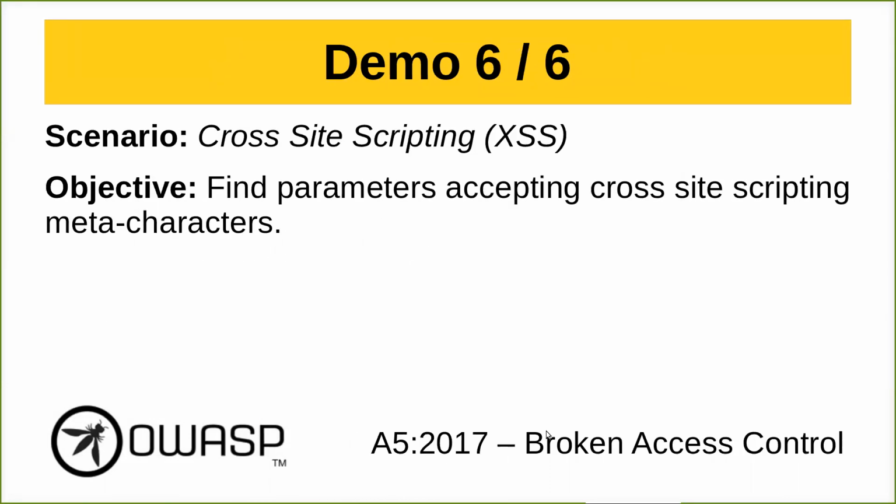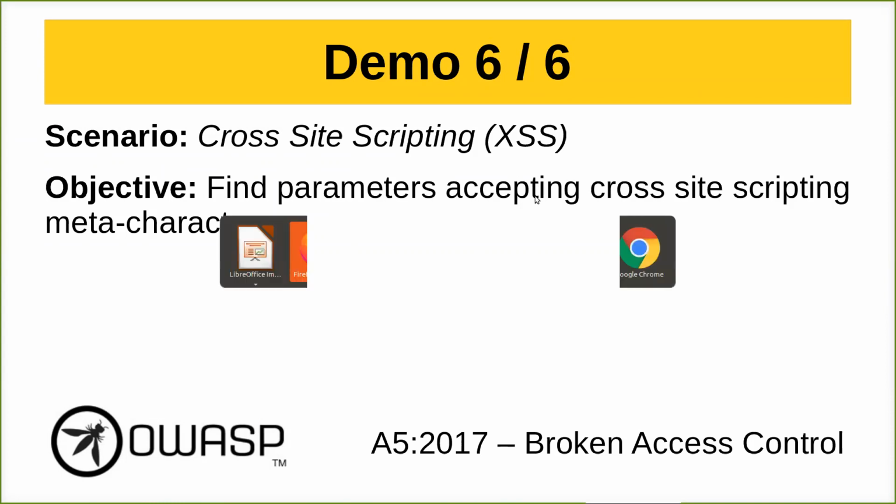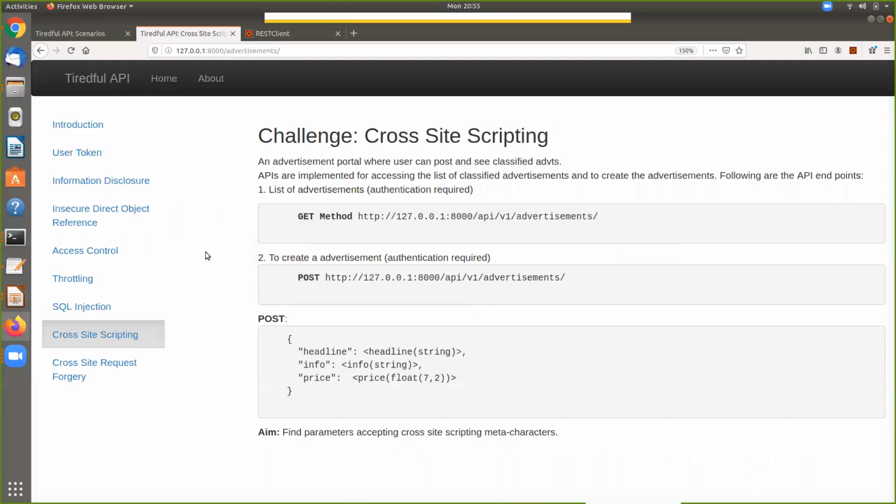Then we'll go through the last demo for the night, our cross-site scripting XSS demo. The objective will be to find parameters accepting cross-site scripting meta characters. So let's bounce back to the exercise. The challenge for cross-site scripting in Tiredful API is an advertisement portal where a user can post and see classified advertisements.